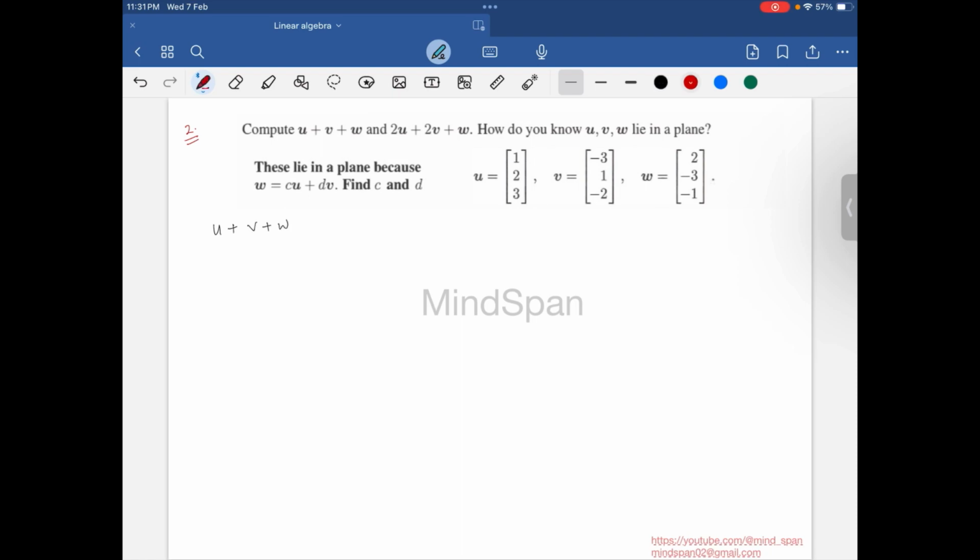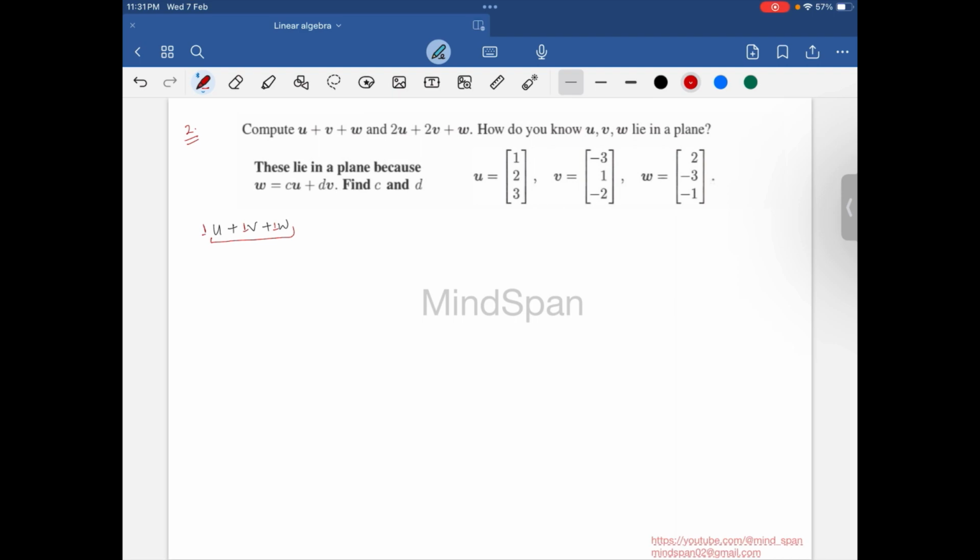What we are doing is again taking a linear combination, but with a particular choice of c, d, e. This is nothing but 1 times u, 1 times v, 1 times w. So this will give you a specific combination. This is not going to give you the entire combination.